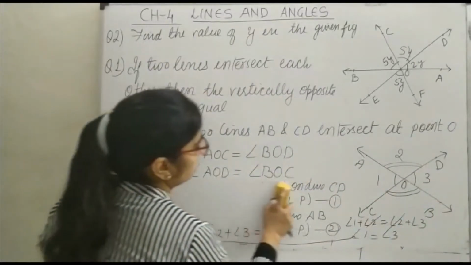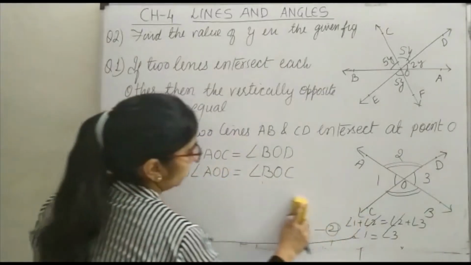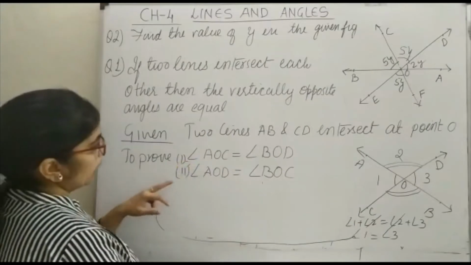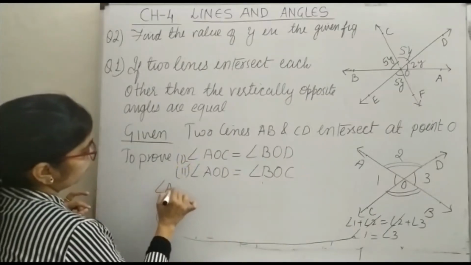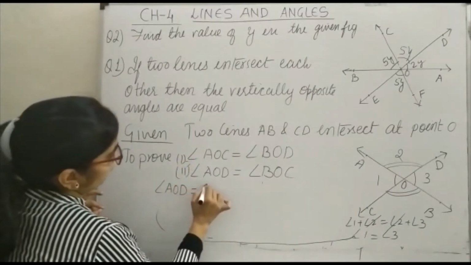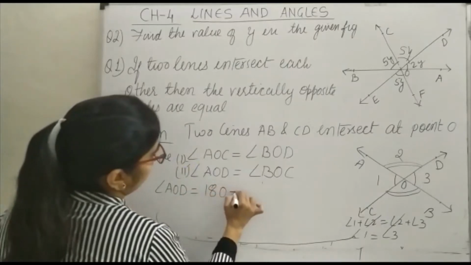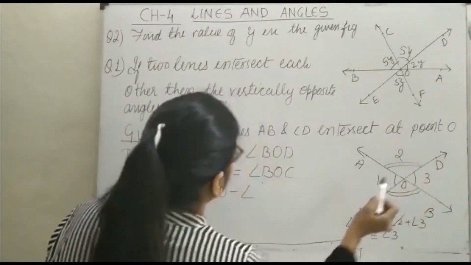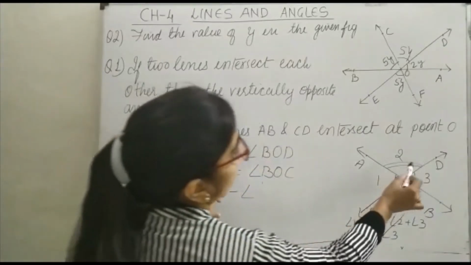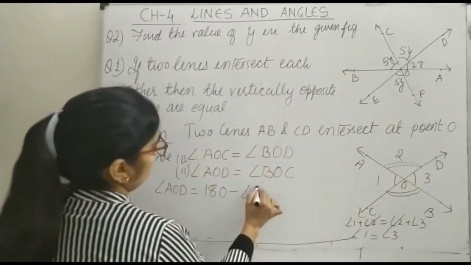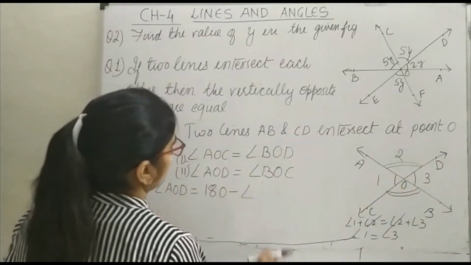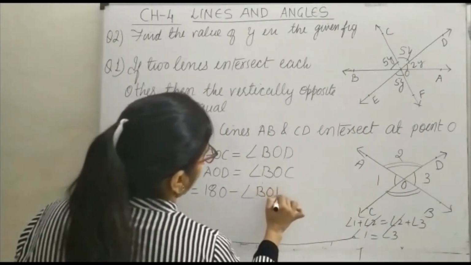For the second result, what will be angle AOD? Angle AOD is equal to 180 minus angle 3, or we can write angle BOD.